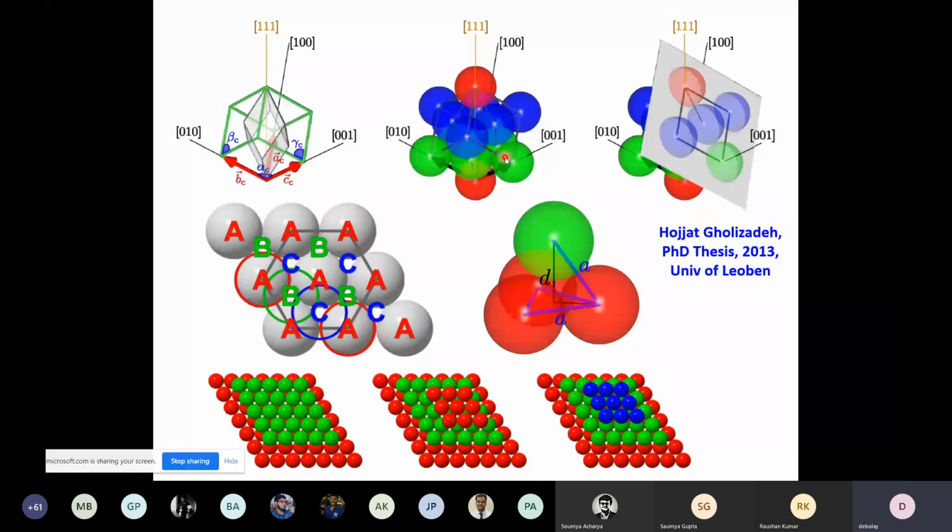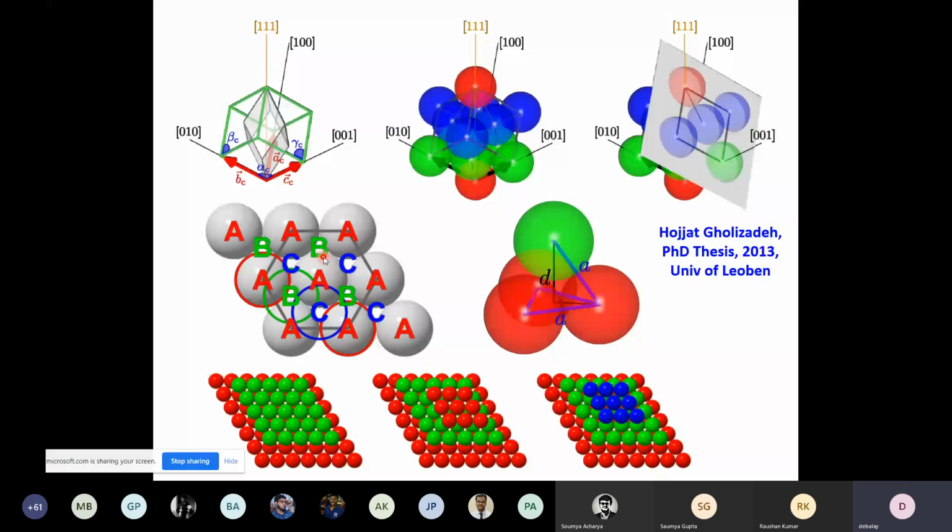This is my question. HCP. Absolutely right. On top of the B layer, you will find A groves will again be available. Put atoms there: HCP. As simple as that.